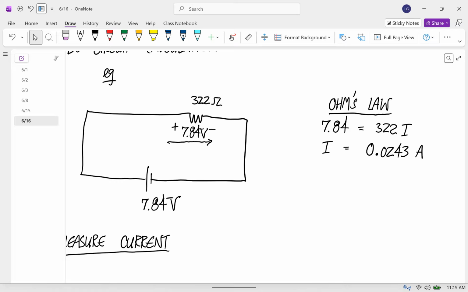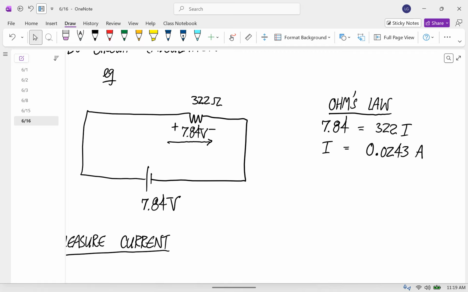Okay, but that might be too low. It's right around what our value is. We might as well put it on the 200 milliamps. So since we're going to put the dial on the 200 milliamps, we're going to put the positive lead in the milliamps socket, not in the amps socket.